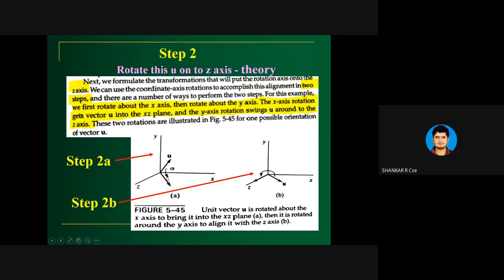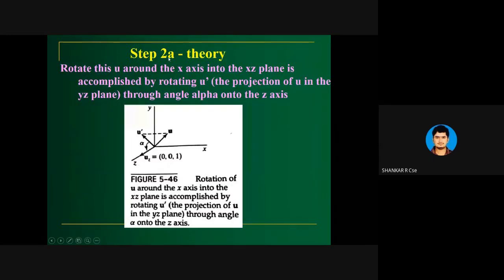Keep rotating via the x-axis. All right. You can see step 2a theory: rotate this u around the x-axis, which is now actually in the xy plane. You need to rotate in such a way that it should now come to this xz plane.